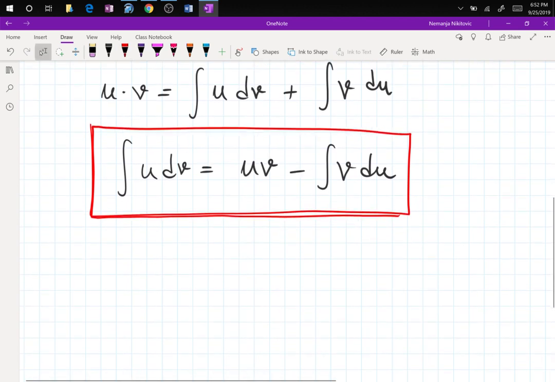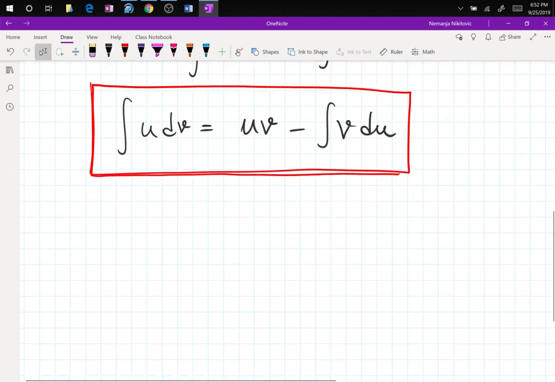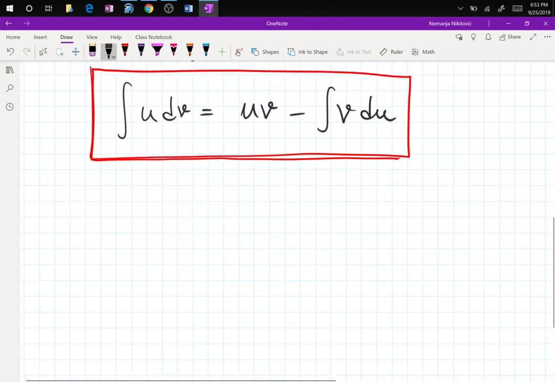Now, I do have one more way to show that this works, and that's the graphical way, because we can do the area under the curve and then just do some addition and subtraction there. So to show this formula in another way, I'm going to draw the function like, let's say, like that.